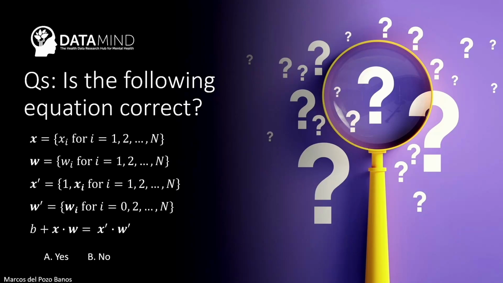What about this equation now? The answer, I guess, again, is yes. This equation is correct. The left-hand side and the right-hand side are equivalent, and the trick here is that x prime is introducing another value with a constant of 1, and w prime has an extra value because i now starts at 0 instead of 1 when comparing w and w prime.